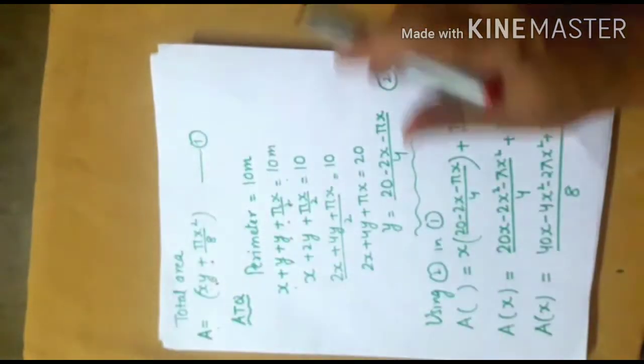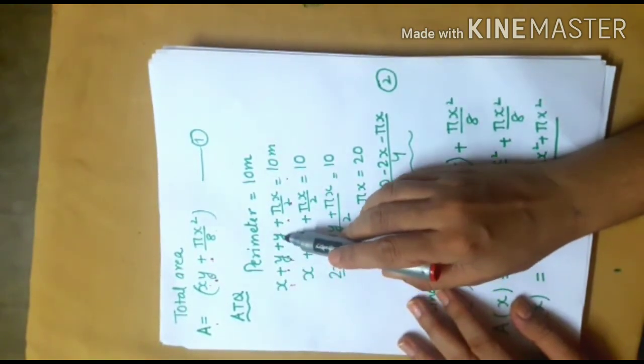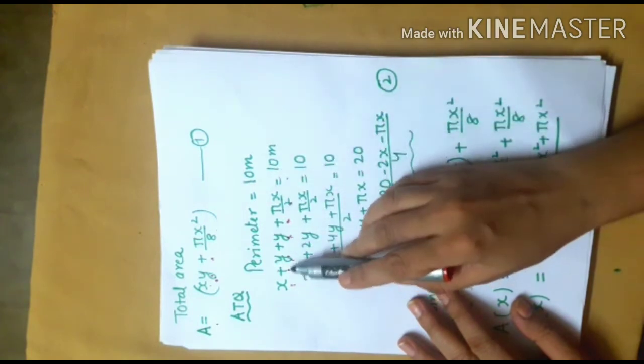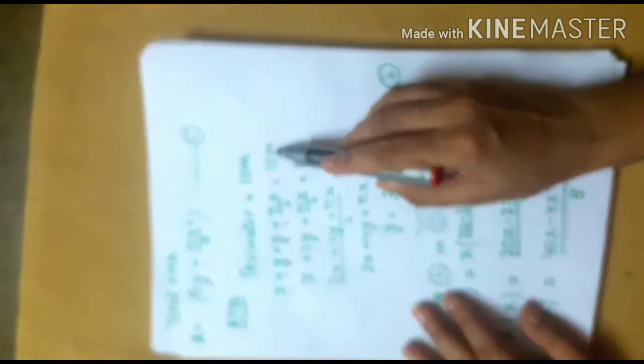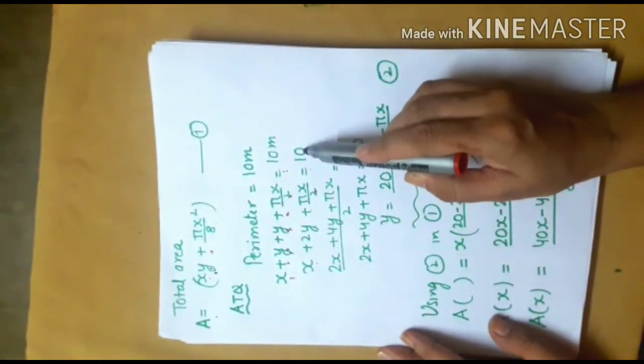So the perimeter will be x plus y plus y plus pi x over 2, and this total length is given to be 10 meter. So I'll get x plus 2y plus pi x over 2 equals 10.